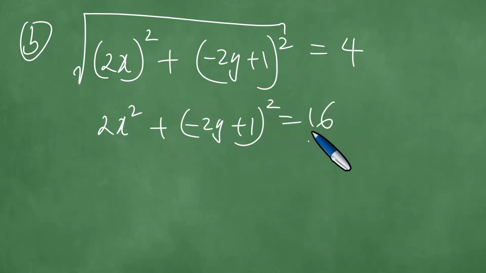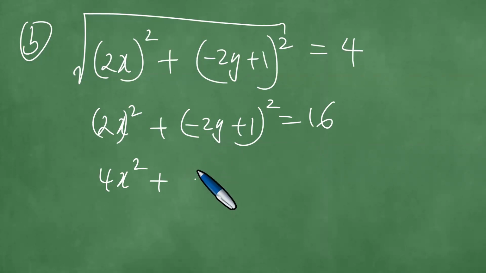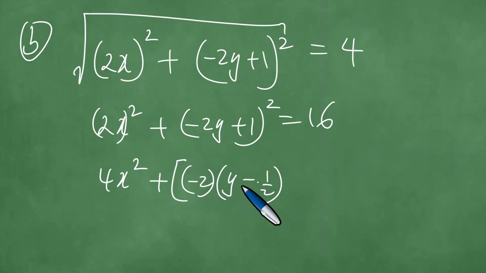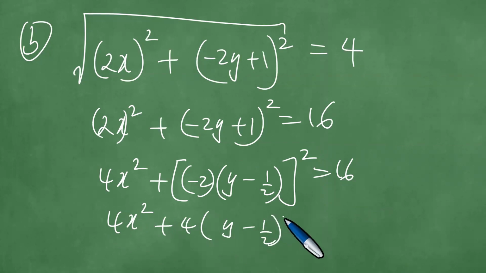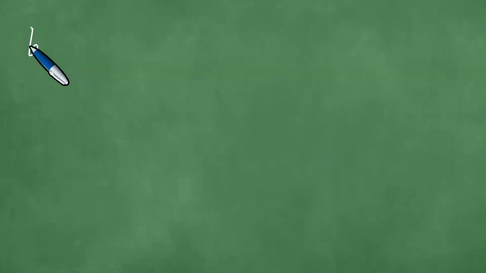You square this, it's 16. And if you square this, it becomes 4x squared plus, and here we can factor out minus 2, and then you have y minus 1/2, which is 16. So it is 4x squared plus 4 times y minus 1/2 equals 16.